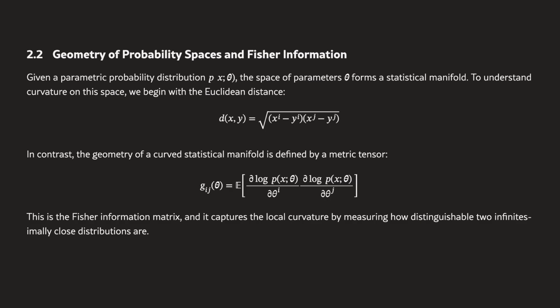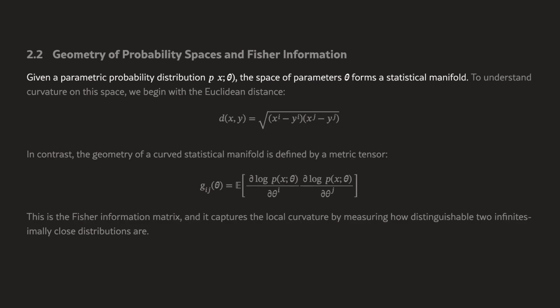A probability distribution is basically a parametric function where you have theta that represents the different weights. This paper begins to talk about the probability distribution in a much more mathematical way, and it starts by defining something called a statistical manifold.